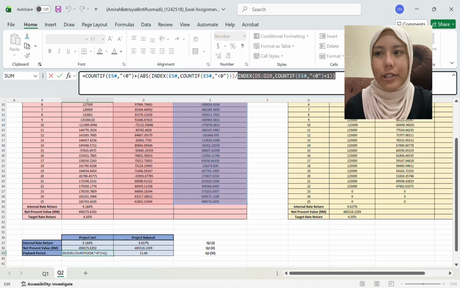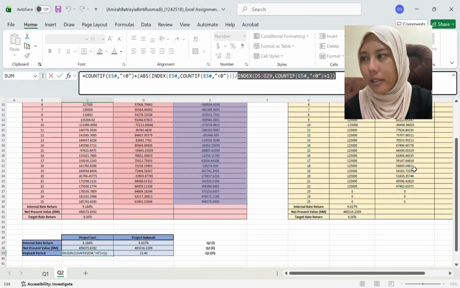Adding 16 to this fraction yields a discounted payback period of 16.16 years for Project Seri, while Project Bakawali achieves payback faster in 13.40 years instead.